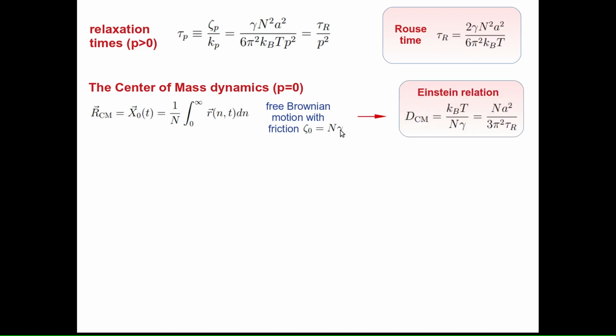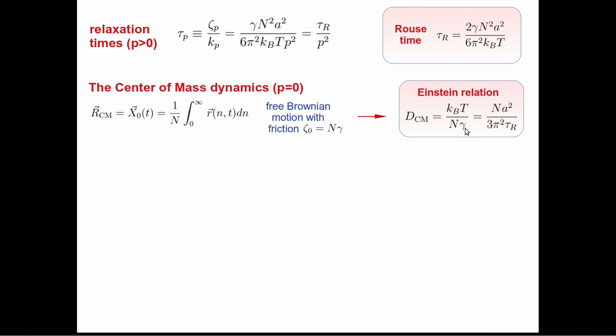So this center of mass follows just free Brownian motion, and this is characterized by a diffusion coefficient, which is just obtained by the Einstein relation, okay, which is kBT divided by the friction. So n gamma is the friction, and this is the relation, right?